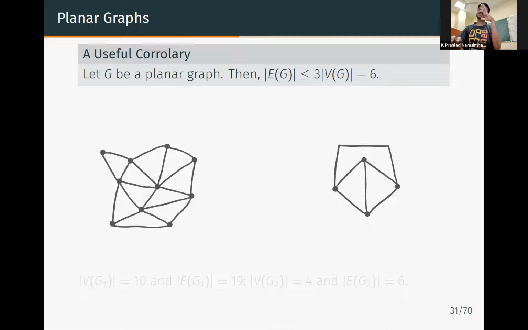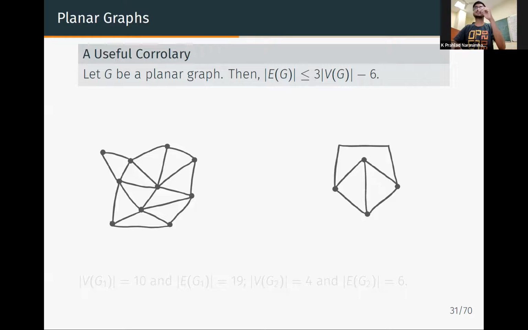Now, note that in general, the number of edges can be quadratic in terms of the number of vertices, right? It can be something like v times (v minus 1) by 2. It can be at most that. But in planar graphs, what Euler's theorem implies is that the number of edges is at most linear in the number of vertices.